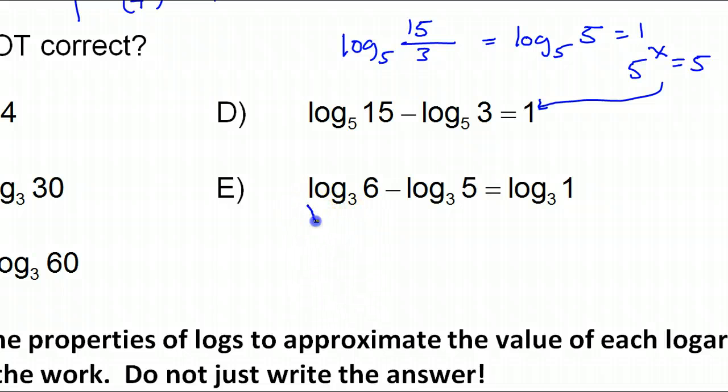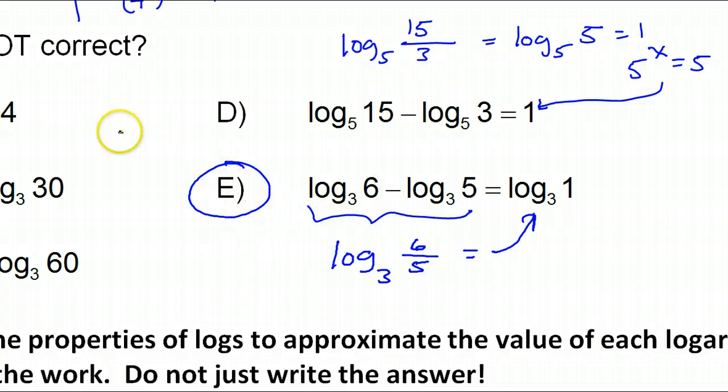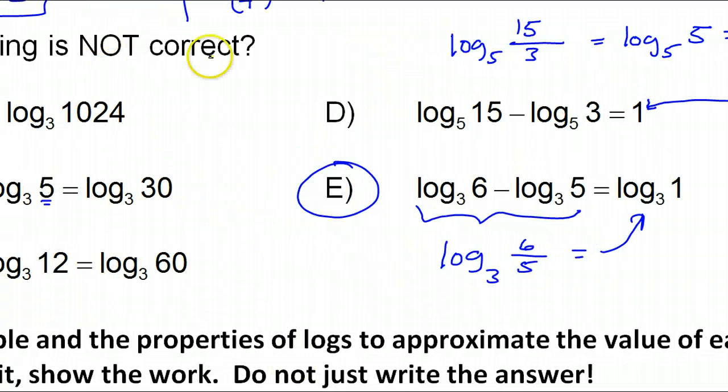Because you know that if you were to condense this, this would become division. So this would really be log base 3 of 6 over 5, which is not log base 3 of 1. Those don't match. So E is the answer because E is the one that is not correct.